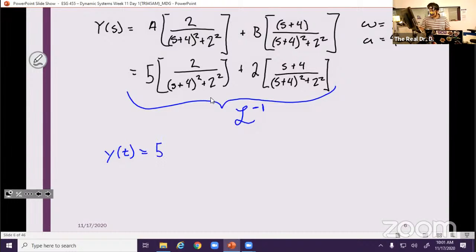The inverse Laplace transform of the first part is going to be 5 times sine 2t, times e to the negative 4t, plus 2 times cosine 2t, e to the negative 4t.